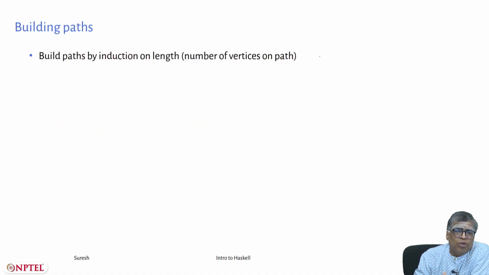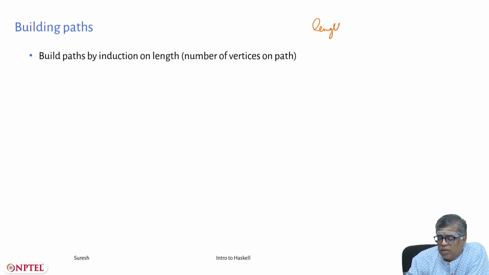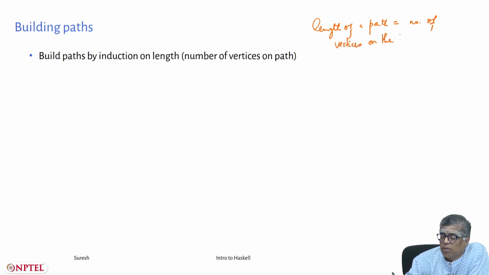Okay, what we want to do is build paths by induction on length. Okay, length of a path is the number of vertices in the path. So how many paths of length 0 are there?